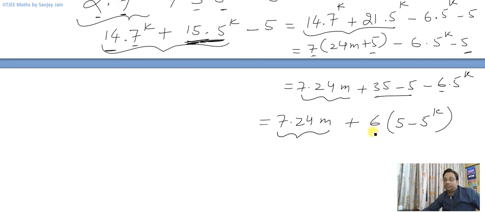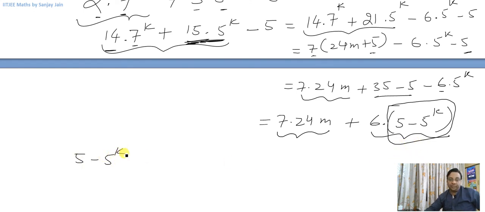I just need to show that this term is divisible by 24, or this is 6 into something, so I just have to show that this portion 5 minus 5 raised to power k is divisible by 4, right? And to do that, I can again use induction.